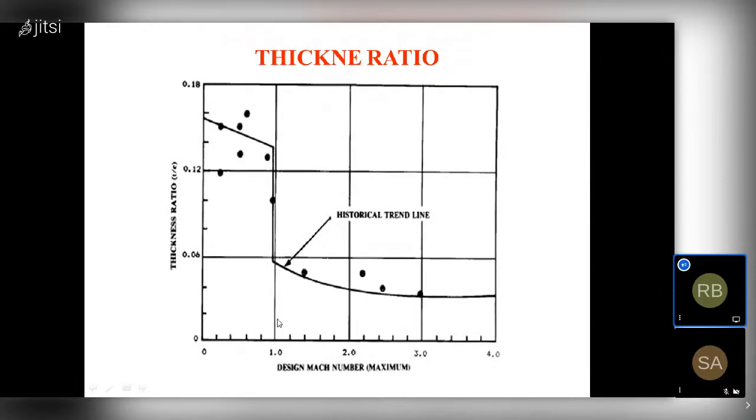So if you are designing any aircraft which will have a velocity in this range, that is Mach number less than 1, then we have to select this kind of aerofoil having a thickness to chord ratio of 0.12 or 0.11.